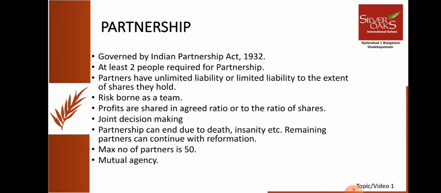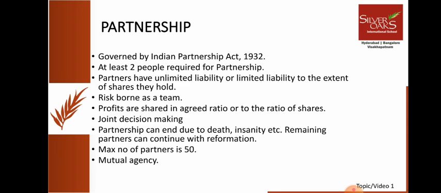He will be meeting the other contractor on behalf of the other partners as well. So it's not necessary that all the partners will have to be present for that particular contract meeting. It's enough that one or two partners represent the other partners. So what we are trying to say is anyone will be representing the entire partnership firm.